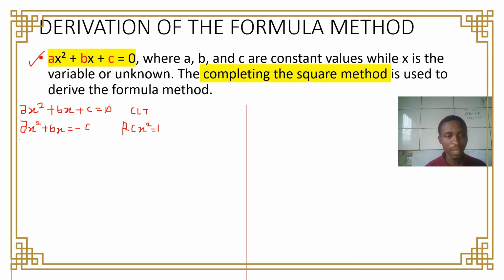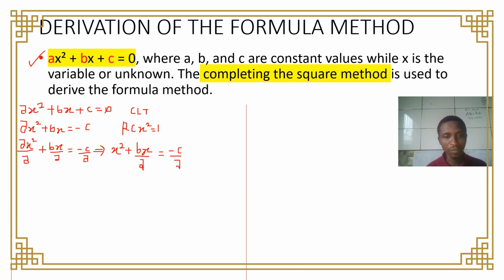If we divide all through by a, we have ax squared over a plus bx over a equal to minus c over a, and this will eventually turn this equation to x squared, because a would have cancelled a, plus bx over a equal to minus c over a.